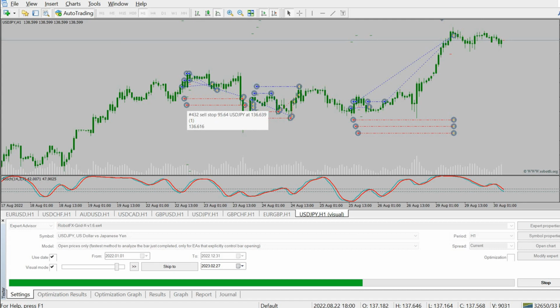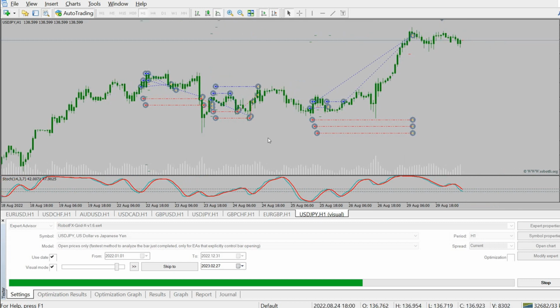Probably it's $100. So if this pending order is $79.70, this one is 95, and the third one would have been more than 100 probably. So that's why the expert advisor couldn't place another pending order. And the same it will be with the buys.